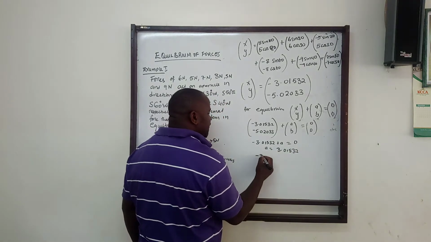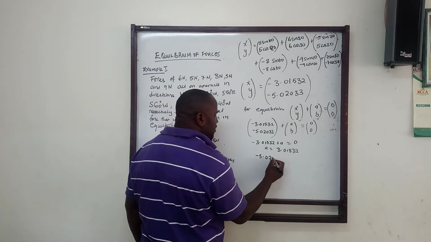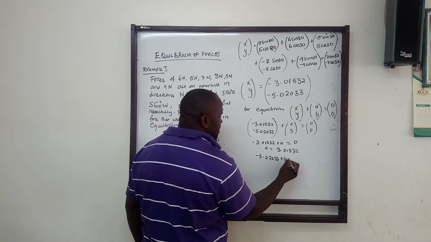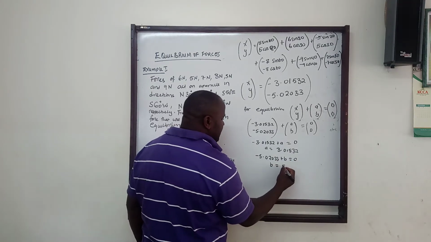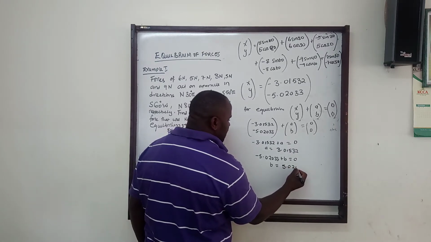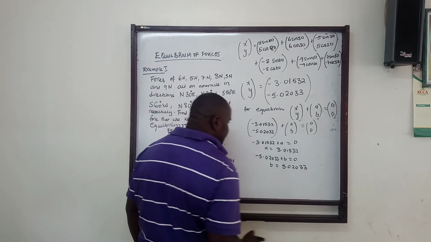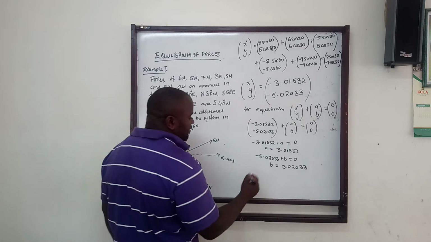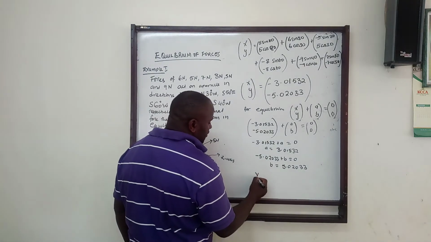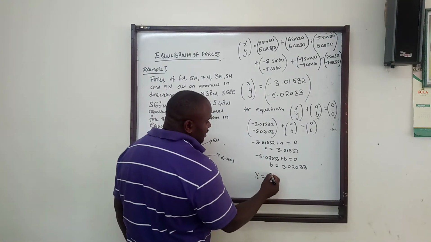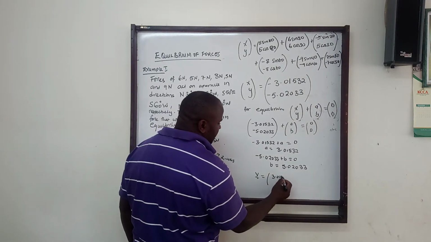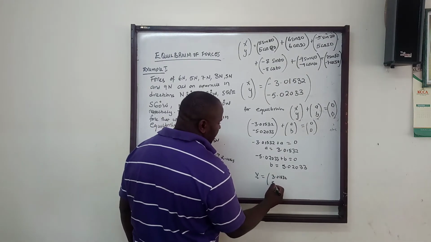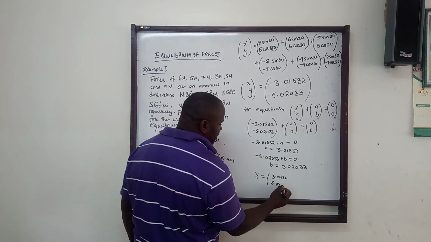Then negative 5.02033 plus B is equal to 0, so my B will become positive 5.02033. So finally, our vector, you can call the vector maybe V or any other force, is 3.01532 and 5.02033.